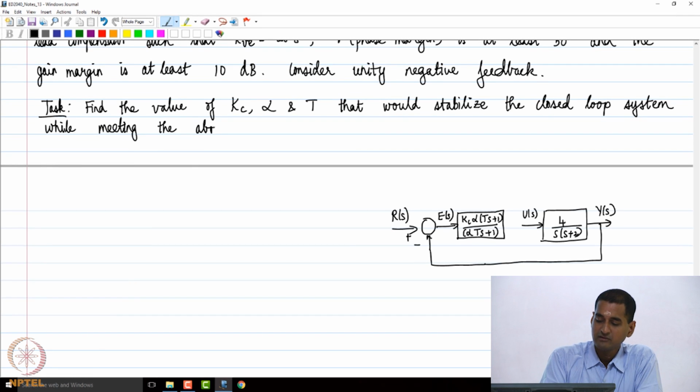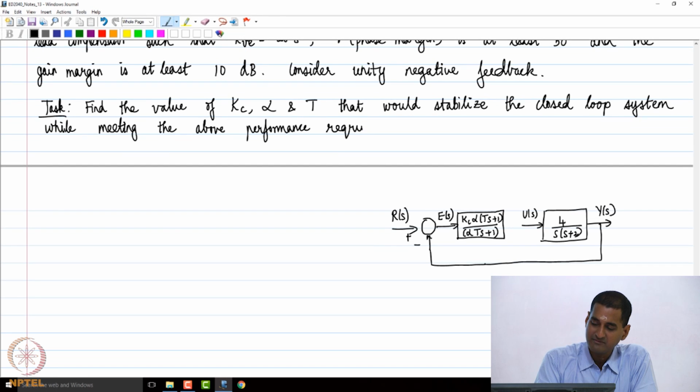That is the problem statement, the task before us. That is what we need to do when we solve this problem. So, let us go step by step.